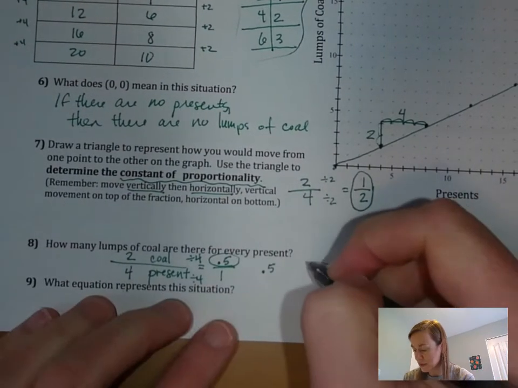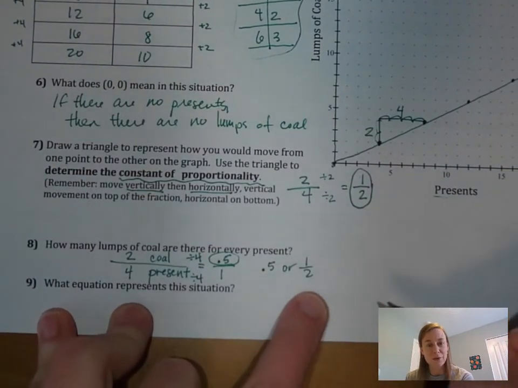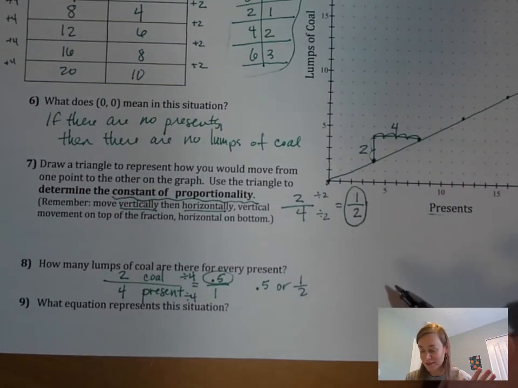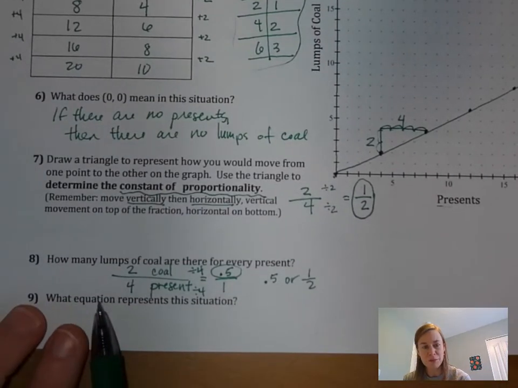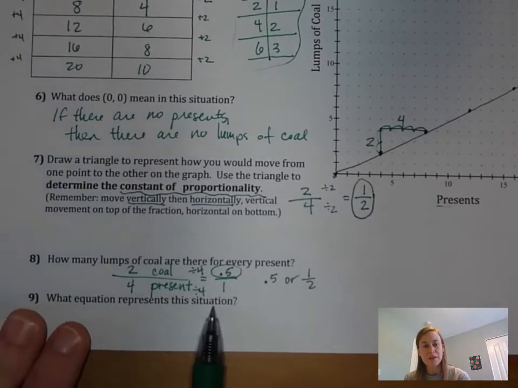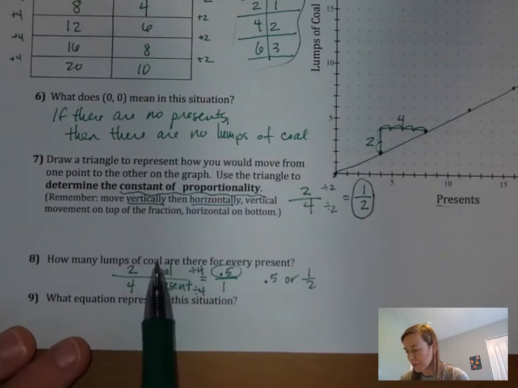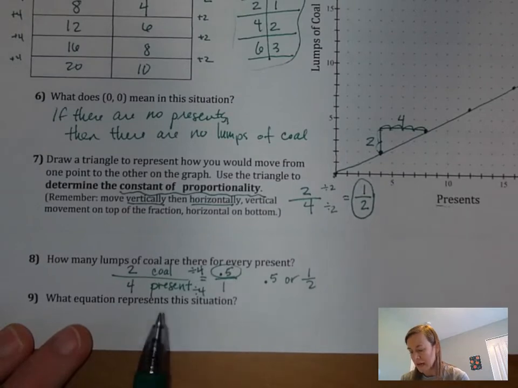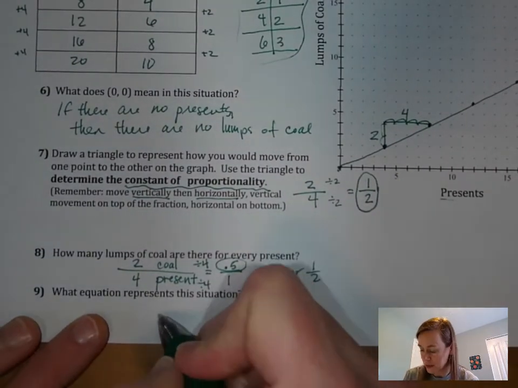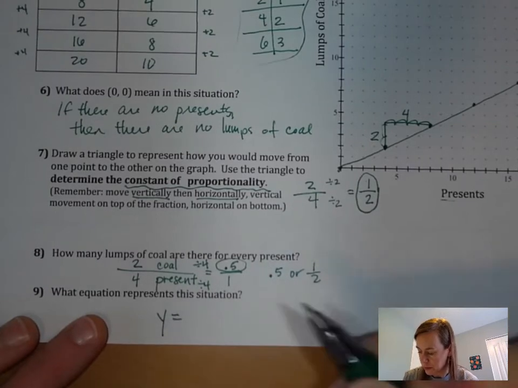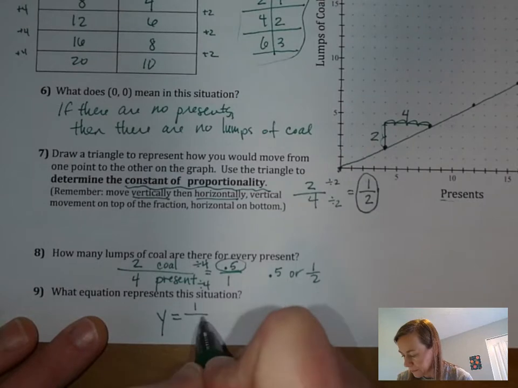Could you also say it this way? Yes, you could say 1/2 lump of coal for every present. Totally fine. Okay, so what equation represents this situation? If they're saying how many lumps of coal per every present, it's always going to start with y equals, and then you're going to say 1/2 x.